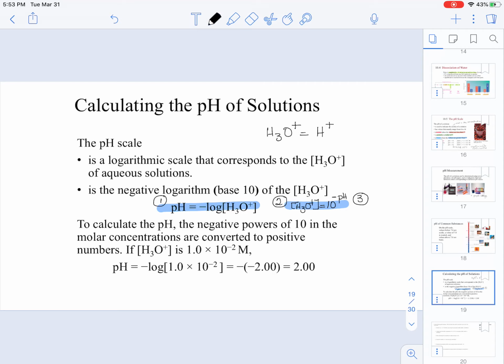The third equation that you guys need to be familiar with is that when you multiply the concentration of H3O+ by the concentration of OH-, let me just rewrite it a little bit below.